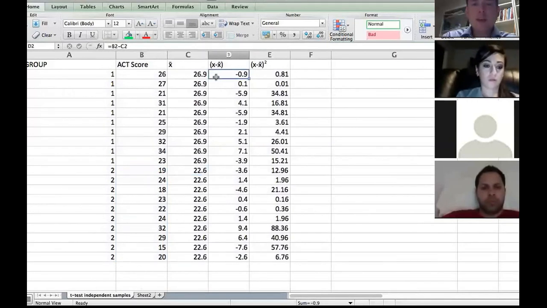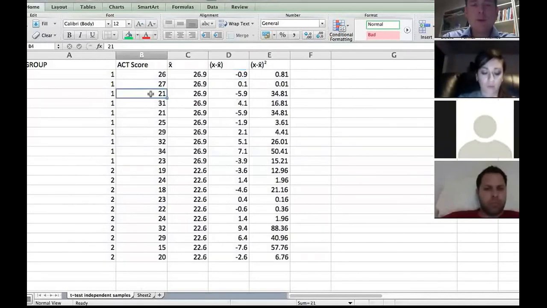Then we did the same thing. We looked at the difference of the individual to the group mean in this column, x minus x bar. Let's pick somebody that has the same score. They're all different, but let's say this person is 21, so minus 5.9 points below the average.